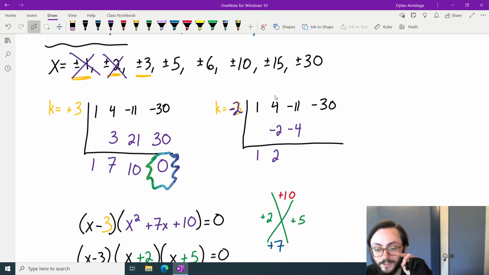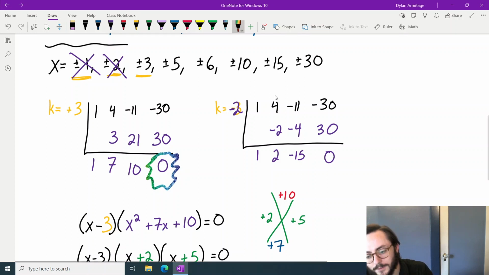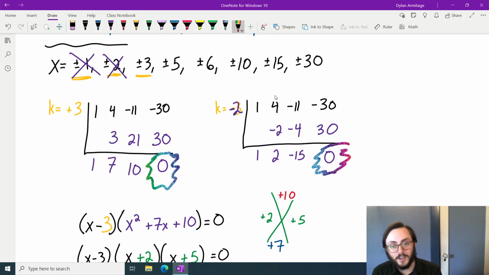This must be where I messed up. Negative 11 plus negative 4 is negative 15. Negative 15 times negative 2 is positive 30, which cancels with negative 30 to give 0. There we go. That must have been where I messed up. Negative 11 plus negative 4. See, I can make the same mistakes you do sometimes.